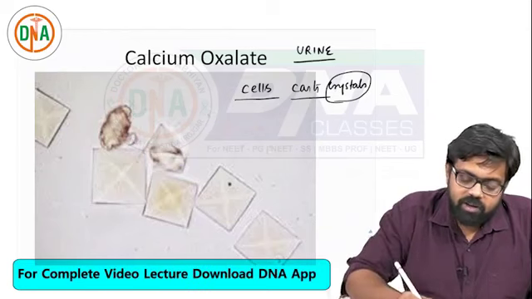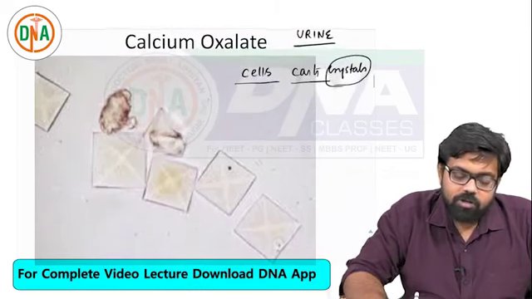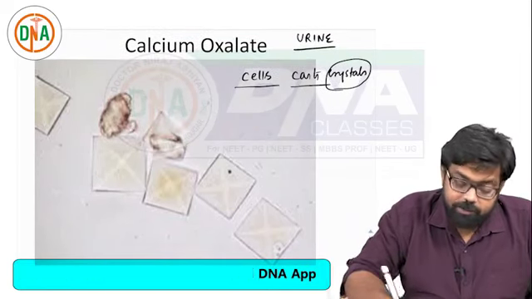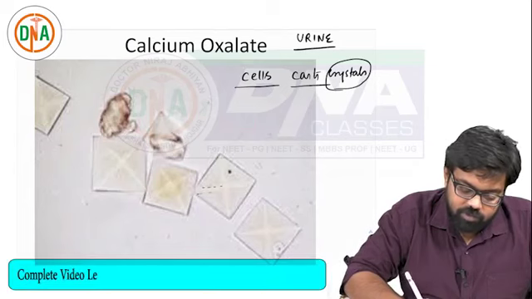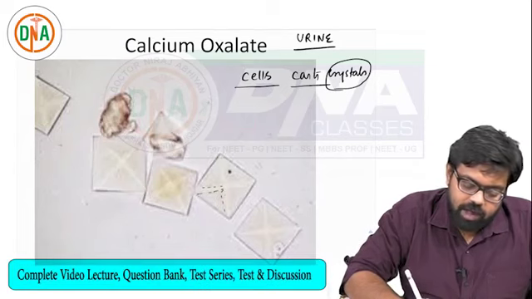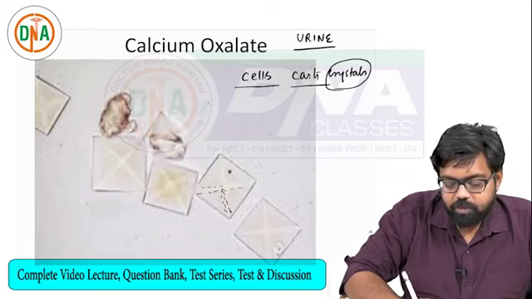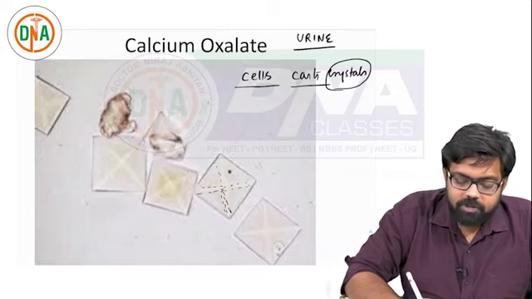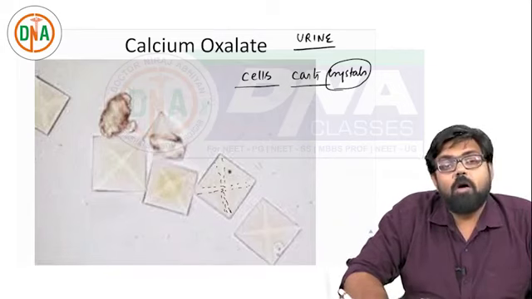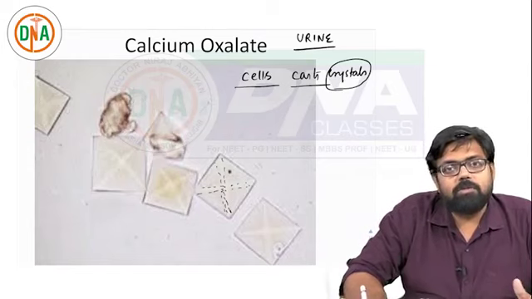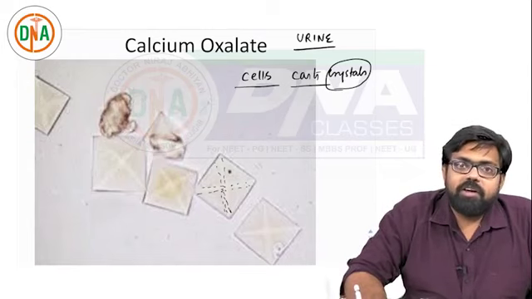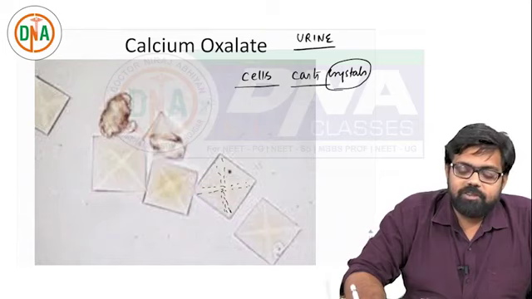So calcium oxalate crystals have a peculiar shape called the envelope shape. If you want, I can just draw this for you. So this is called an envelope shape crystal, seen in calcium oxalate. The most common cause of calcium oxalate is a diet rich in oxalate, like spinach, tomatoes and so on.